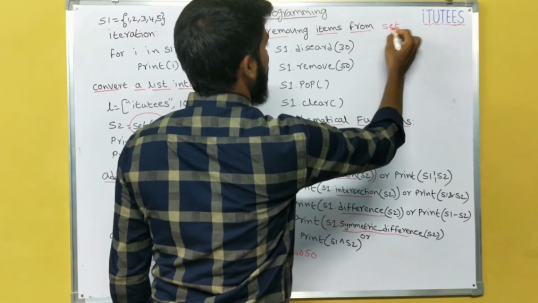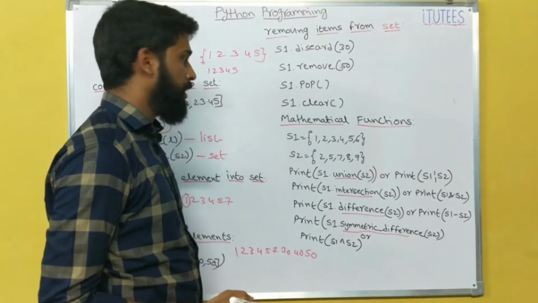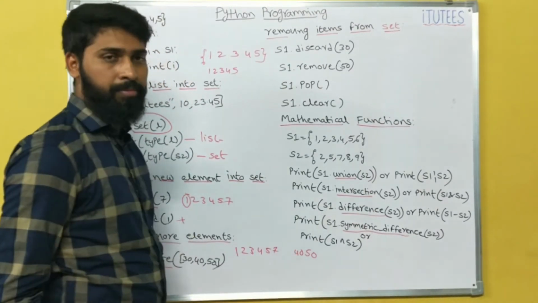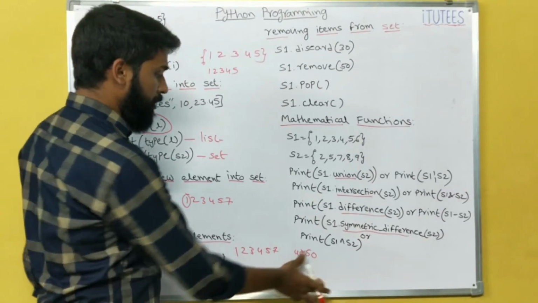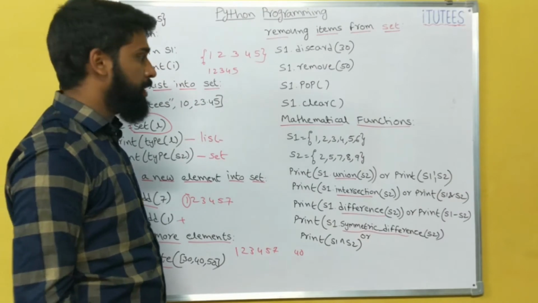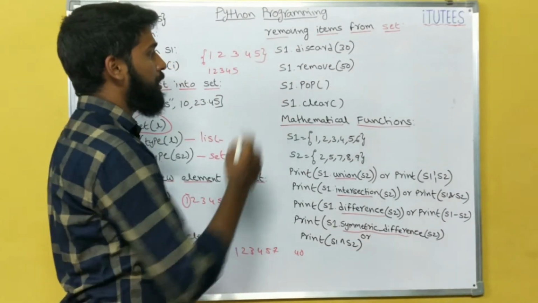Removing items from a set. S1.discard(30). That means 30 is deleted from the set. S1.remove(50). 50 is removed from the set. First we discuss these two: S1.discard and S1.remove.